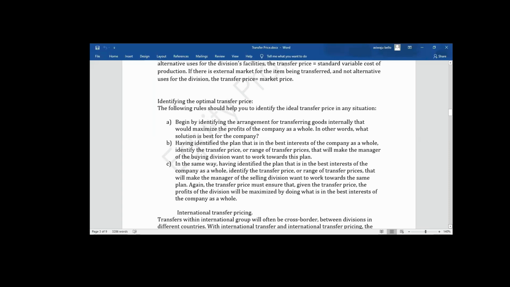In the same way, having identified the arrangement that is in the best interest of the company as a whole, identify the transfer price or range of transfer prices that will motivate the selling division to be willing and ready to do what is in the best interest of the company. What price will motivate the selling division to work towards what is in the best interest of the company?